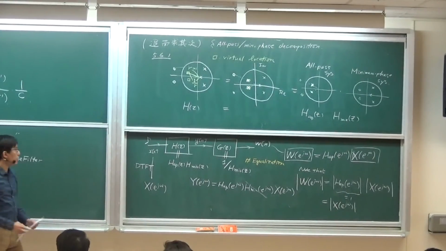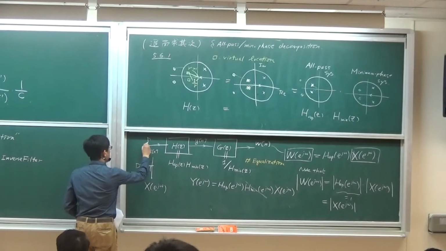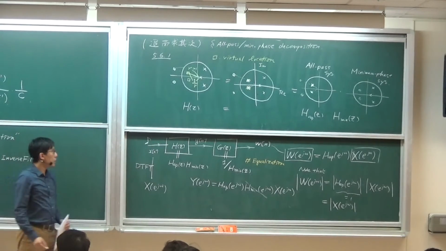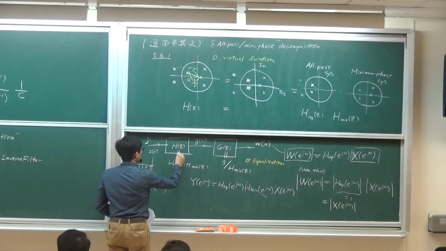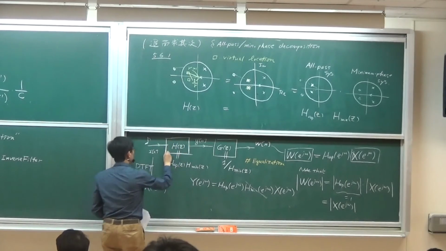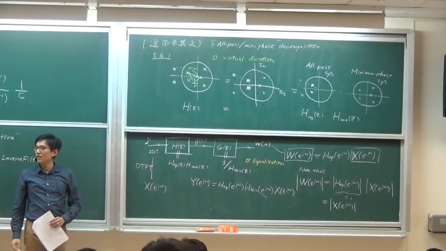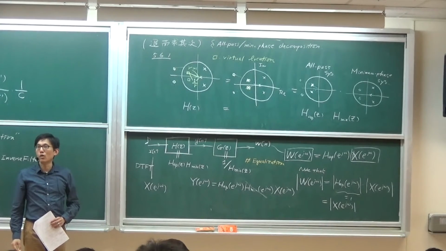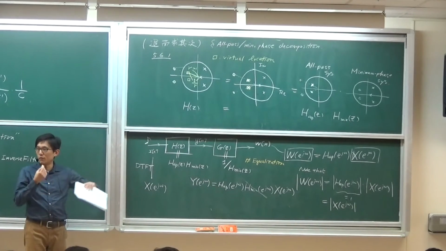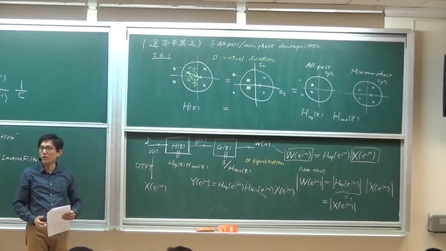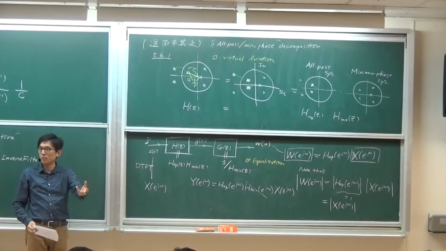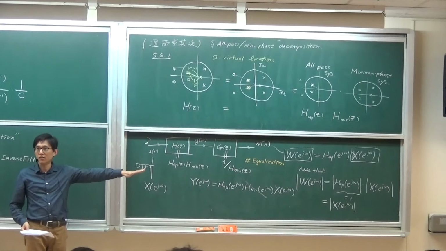And H of z is either your headphone or your loudspeaker, which might have a distortion because the frequency response of your headphone or your speaker might not be entirely flat.